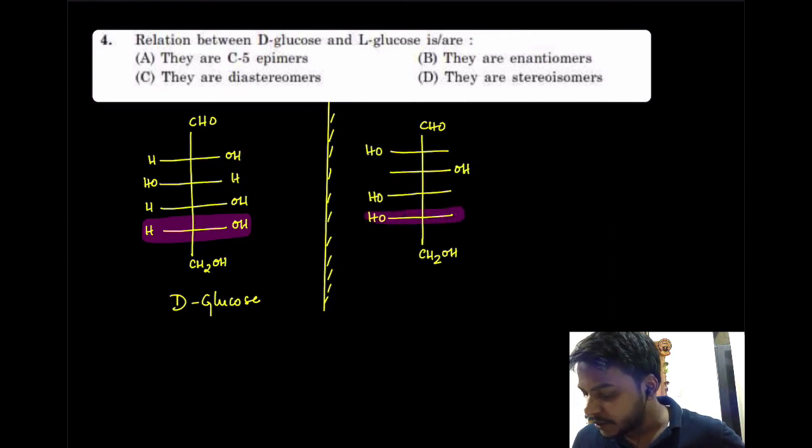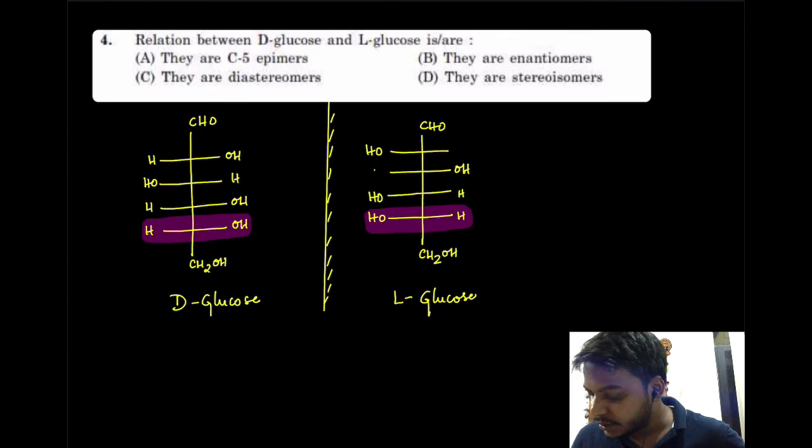You can see on the 5th position it is coming on the left hand side. So with respect to glyceraldehyde, now it is going to be L glucose, which is H, H, H and H. So these are D and L.